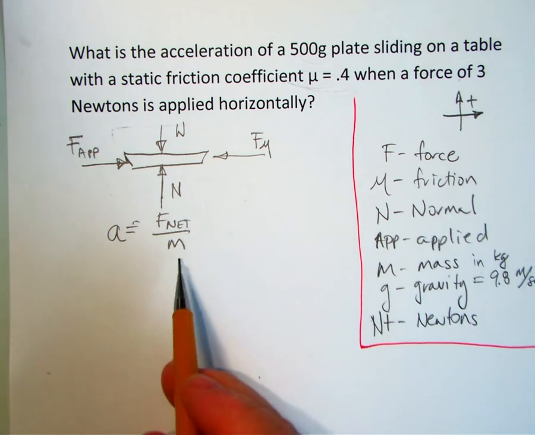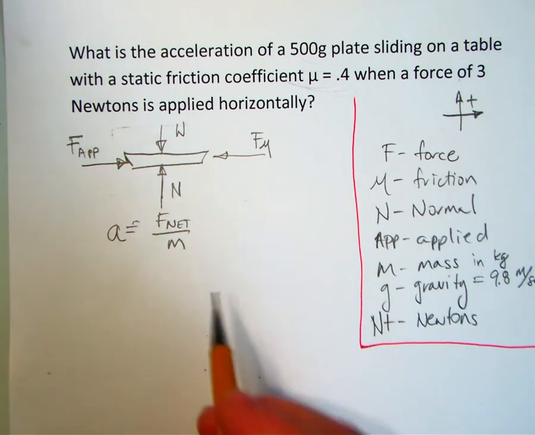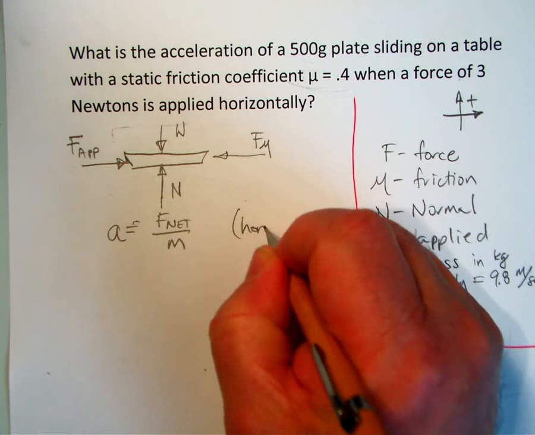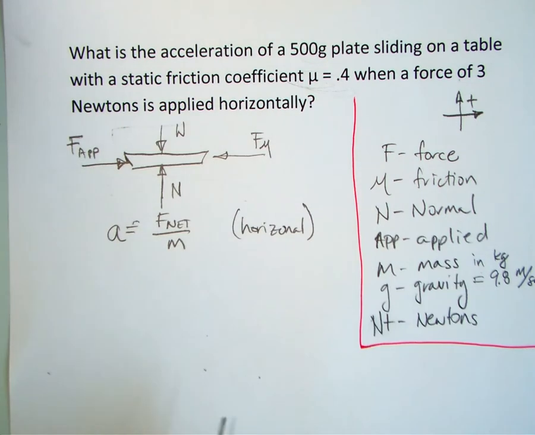And we know the mass, okay, but we don't know the acceleration and we don't know the net force yet, do we? Okay, so that net force, we're going to say it's horizontal. Okay, remember we don't really have all the tools yet to combine horizontal and vertical, and we always look at those two things separately when we're doing these types of problems.